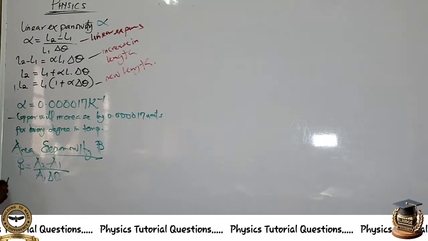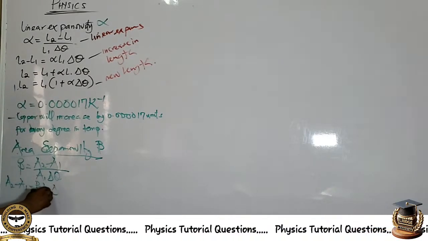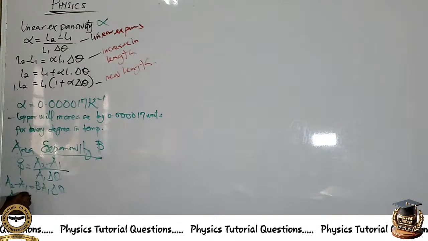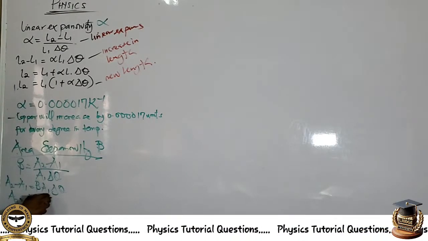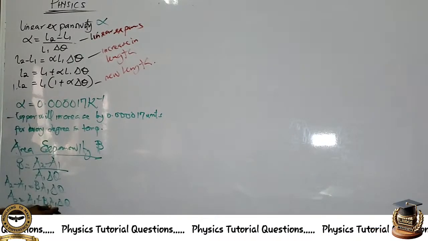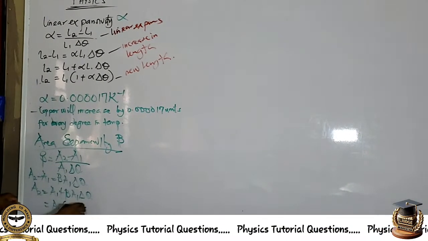Cross multiplying, you have A2 minus A1 equals beta A1 delta theta, and bringing A1 to this side, we have A2 equals A1 plus beta A1 delta theta. Now, factorizing A1 out, we have A1 into 1 plus beta delta theta.